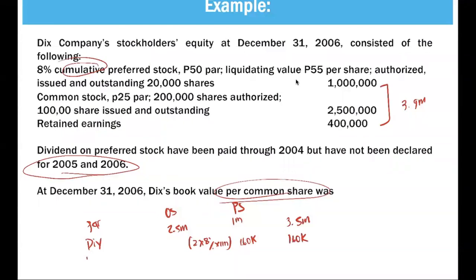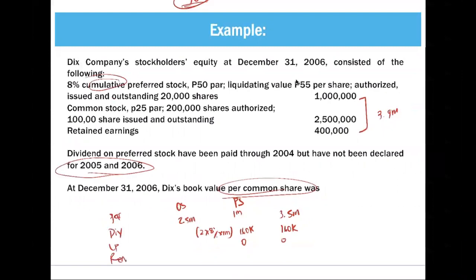And then do we have any liquidation premium? None. Therefore, the remainder will be provided to your OS. So how much is the remainder? If we have already shared 3.66 million, 3.9 million less 3.66, we have 240,000 that is left.